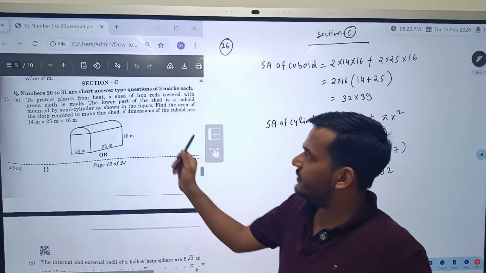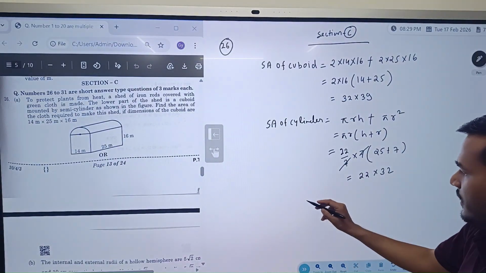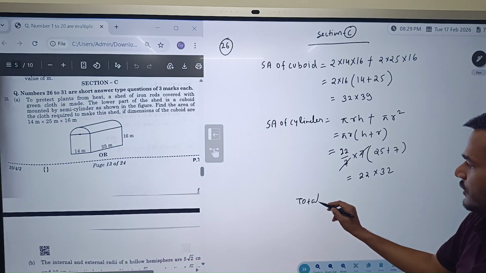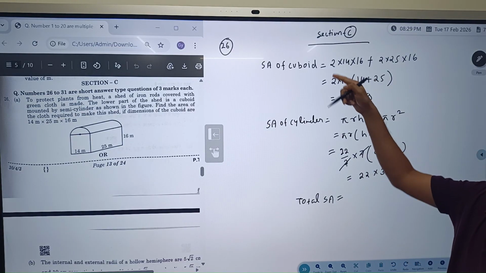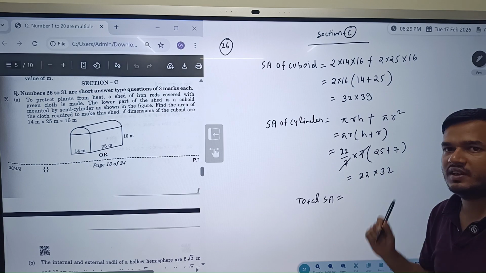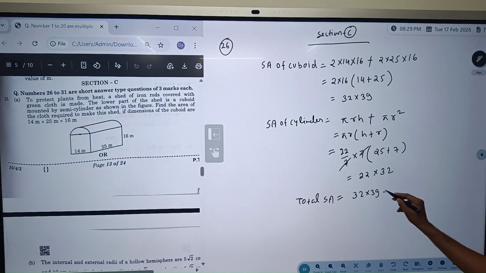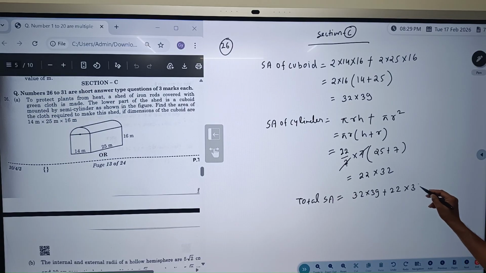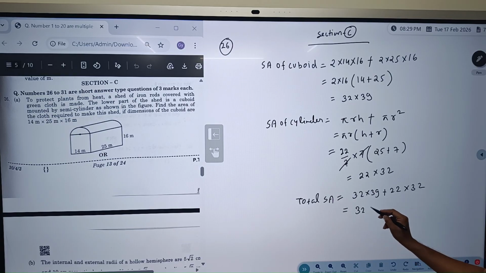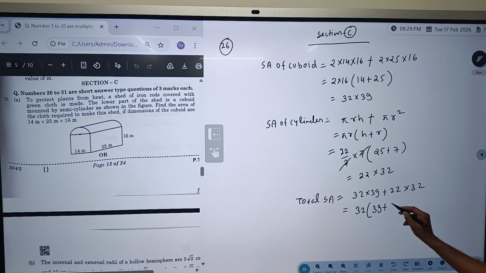So the total surface area of this figure is equal to the surface area of the cuboid plus the surface area of the cylinder. So 32 into 39 plus 22 into 32. Now we can take 32 common, 39 plus 22.